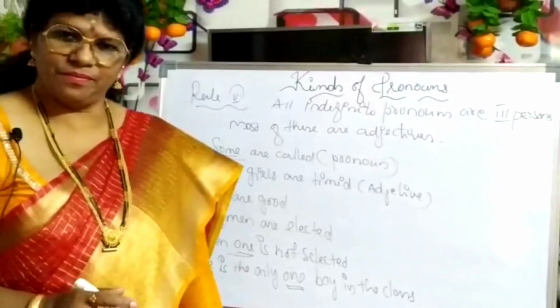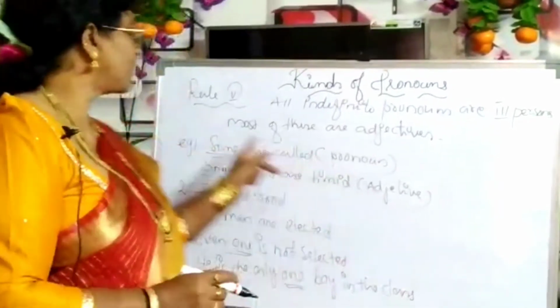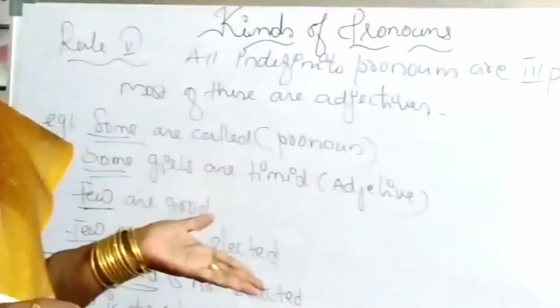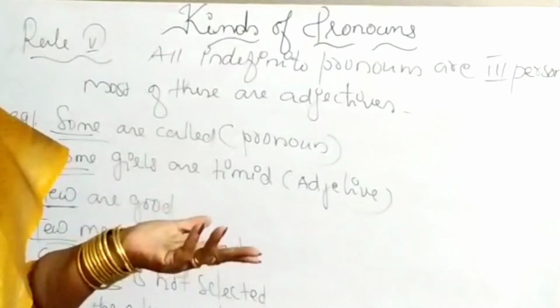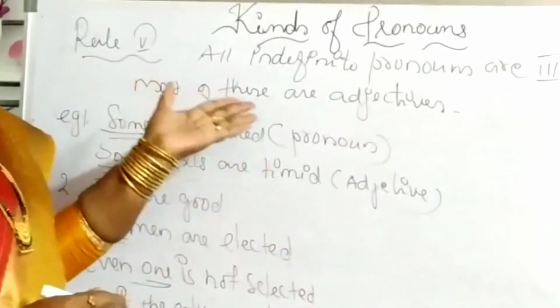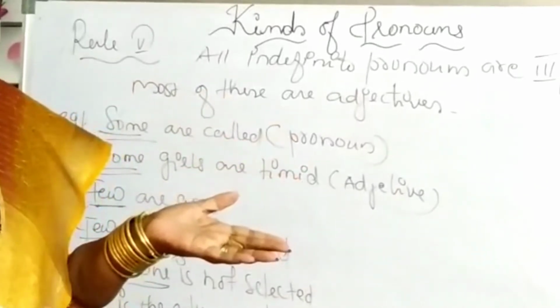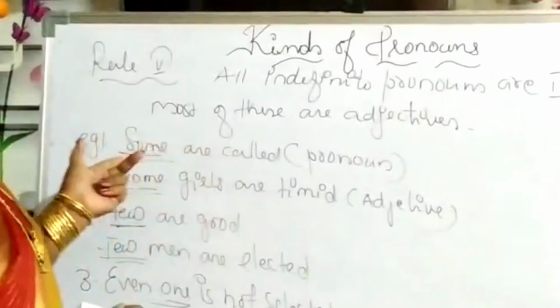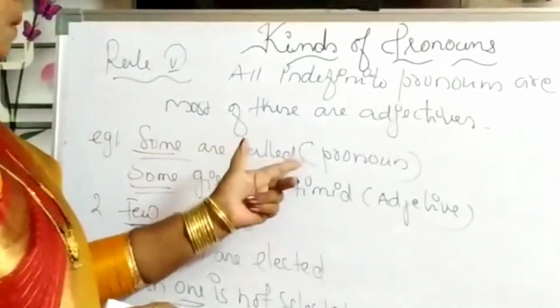Rule number 5. All indefinite pronouns are third persons. What are third persons? He, she, it, they. And most of these are adjectives. What are adjectives? They qualify or modify nouns. Example, some are cold.